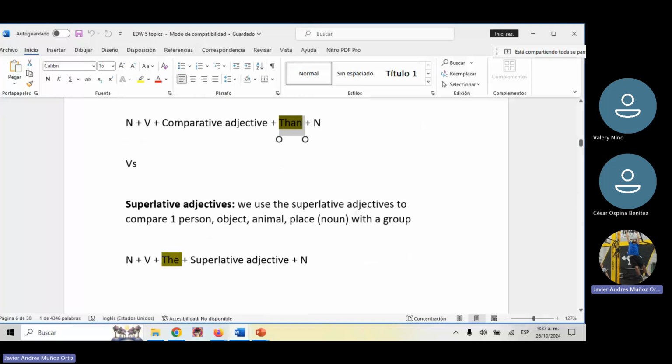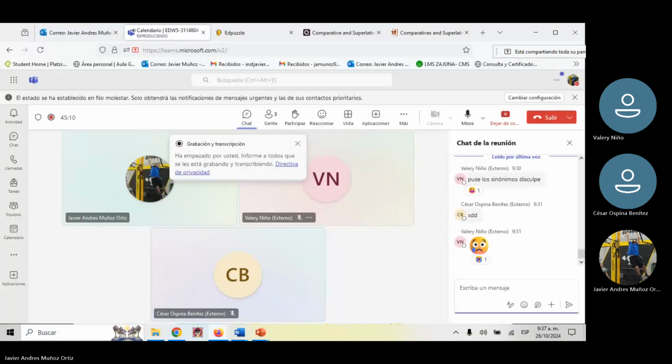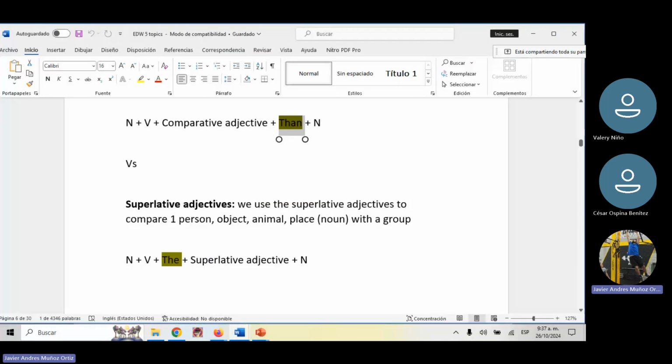And with superlative adjectives, we're going to use a keyword, and this keyword is going to be the, because let's remember level one. In level one, we said that articles could be a and the, right?